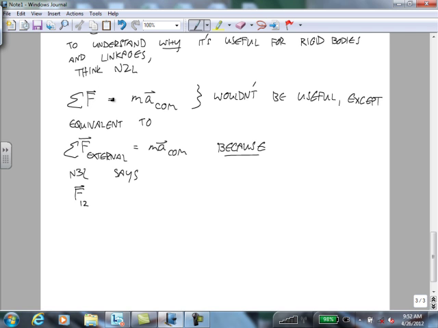There's a force vector F12. There's also a force vector F21. Those are equal and opposite. And so if you add those up, they add up to 0, and so they cancel out. And so that's why you can cancel out everything except the external forces.